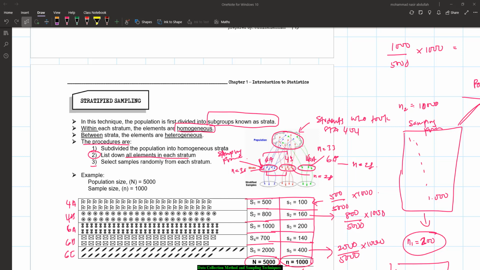When you have a large population, for example, you want to study residents in Perak Tengah district, it contains a very large population. So the stratified method is nearly impossible.